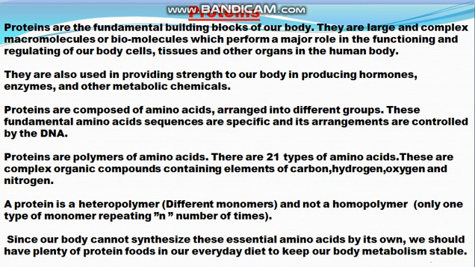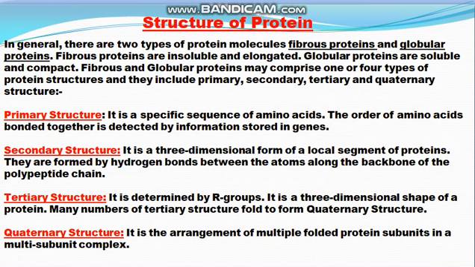And since our body cannot synthesize these essential amino acids on its own, we have to take plenty of protein foods in our diet to keep our metabolism in proper shape. We have to take in some proteins to provide the amino acids to the body, which form the proteins to give strength to our body.